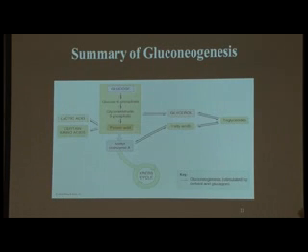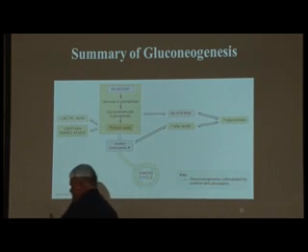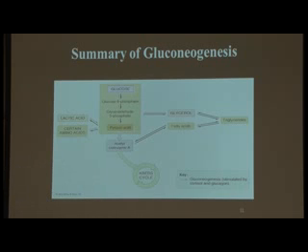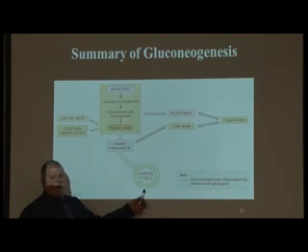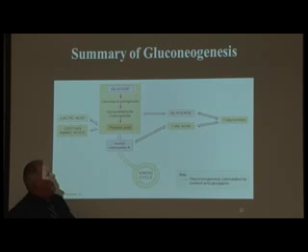All right, so this is the pattern of gluconeogenesis, and we do gluconeogenesis so that we can run it through the Krebs cycle and make ATP out. Okay.